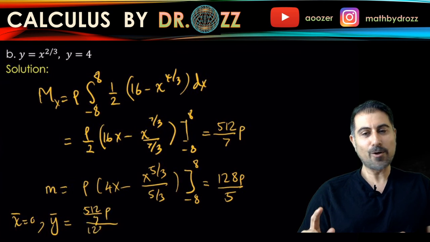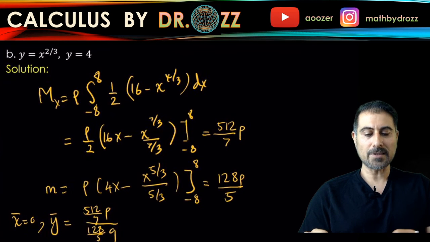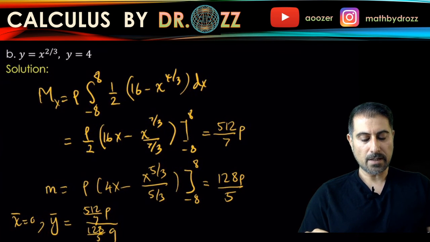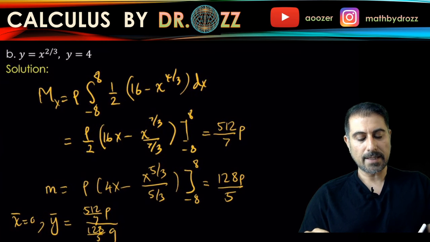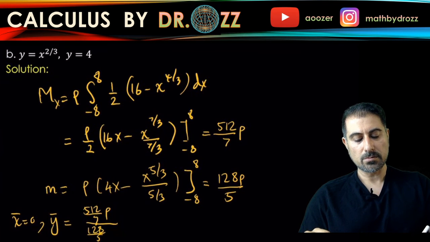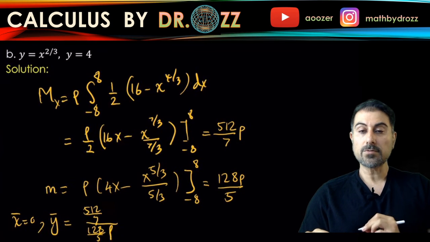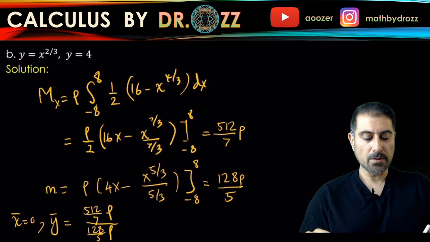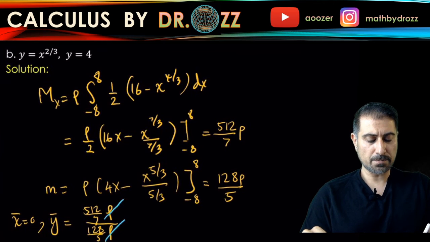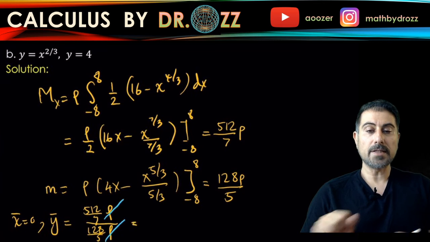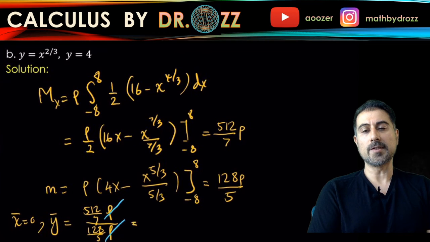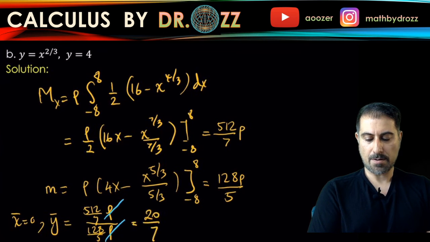And as I said, rho is not a big deal in calculating the center of mass, because you're going to cancel rho out. If you simplify this on your own, you should get down to 20/7.